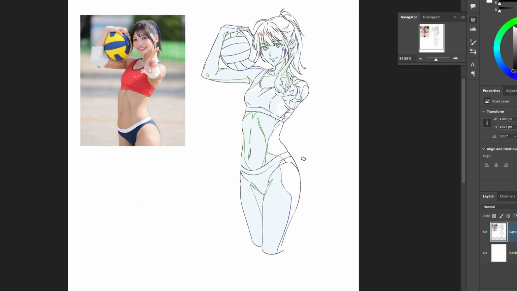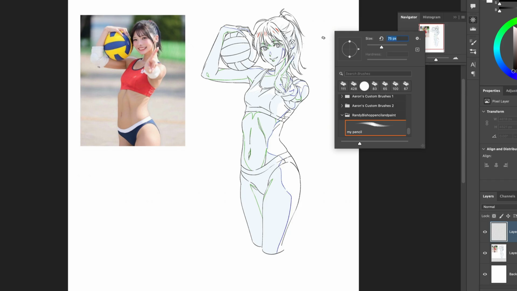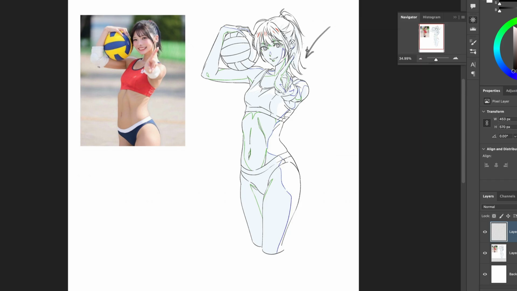I had a problem because, as a rule, this is not the best way to place a figure if you want to establish some sort of pose.